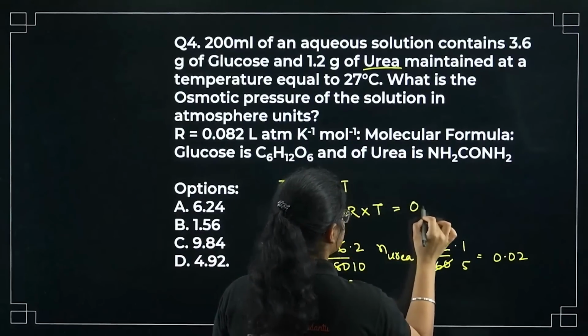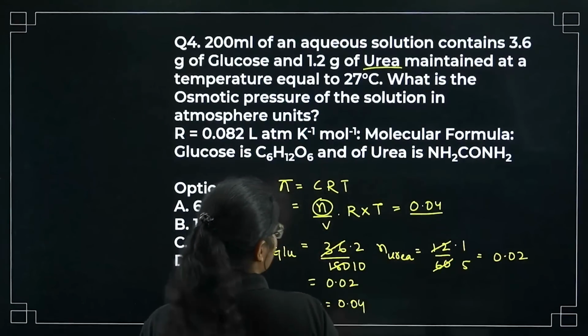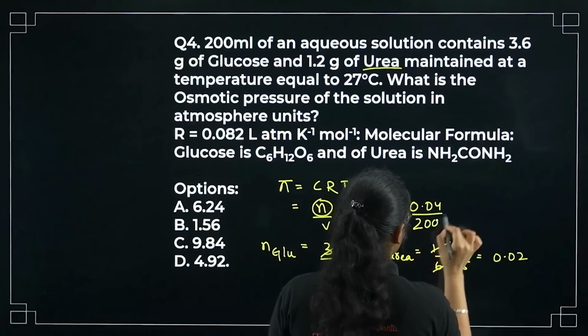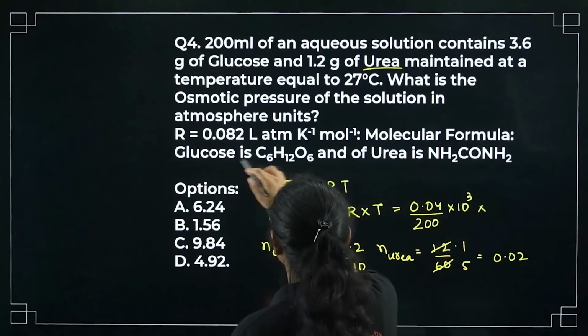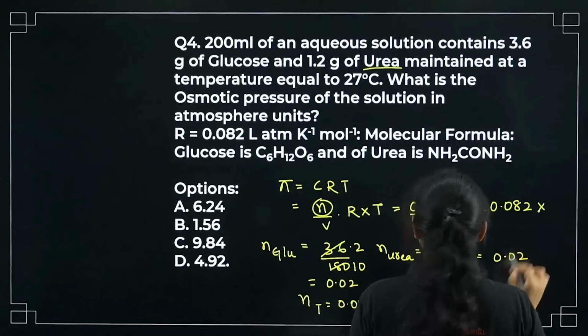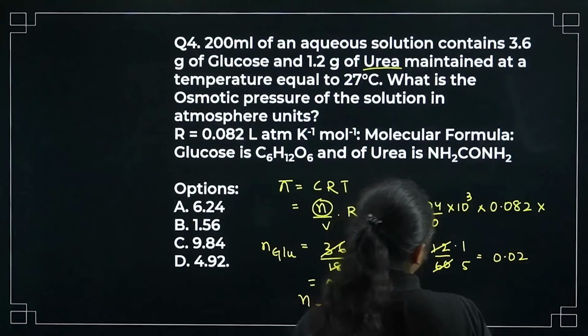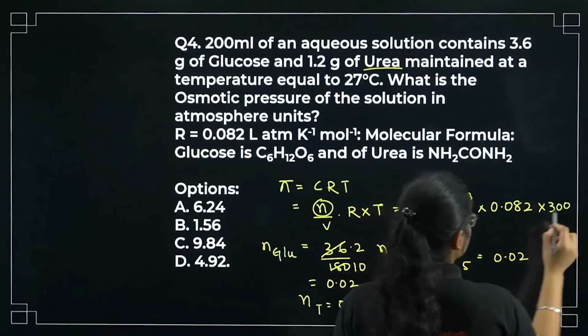So N total is 0.04 into what is the volume? Volume is 200 ml, right? So 200 into 1000. Okay, now what is the R value? R value is 0.082. Okay, and then temperature is 27 plus 273, that is 300. Okay, now you can solve like this.